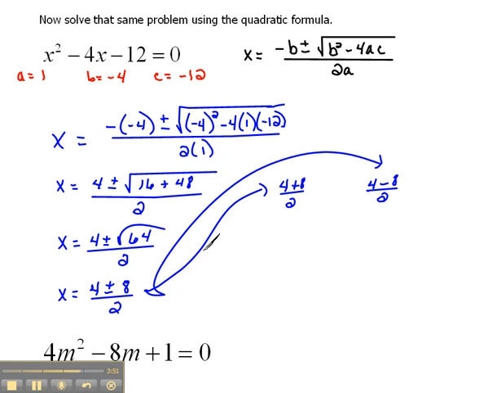Now we just simplify each one of those. 4 plus 8 would be 12 divided by 2, which is 6. And then 4 minus 8 would be negative 4 divided by 2, which is negative 2. We got the exact same answer no matter whether we factored and solved or whether we used the quadratic formula.